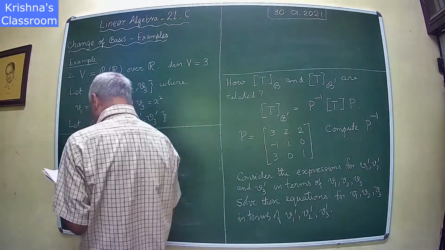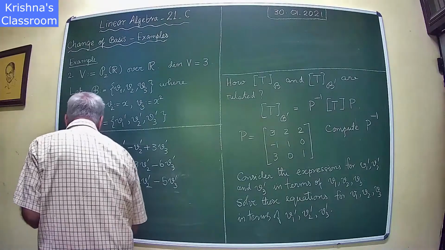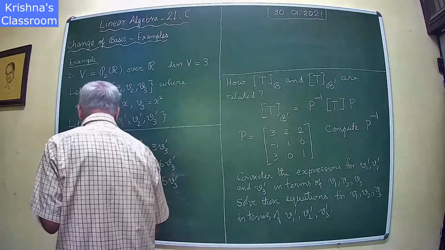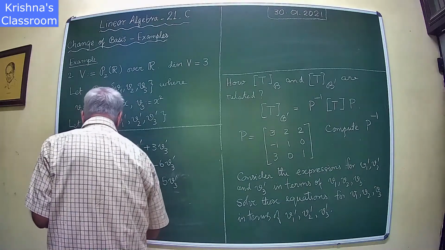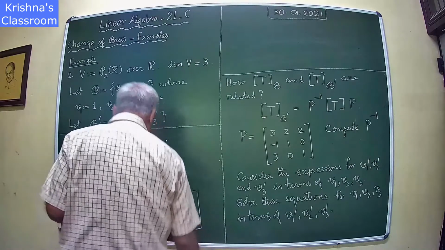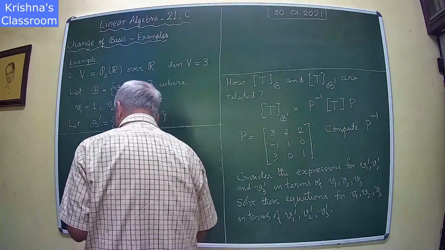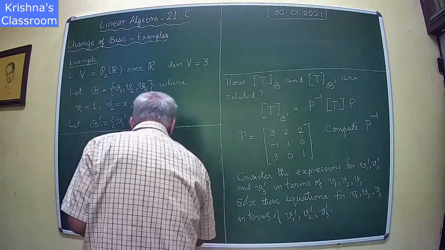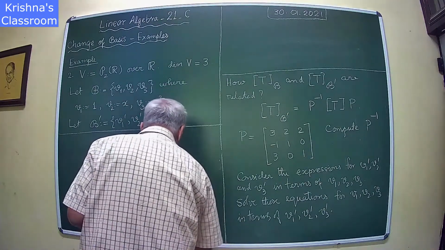So P inverse is then given by minus 1, minus 1, 3, that's the first column, 2, 3, minus 6, 2, 2, minus 1.